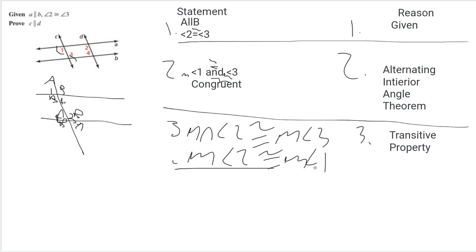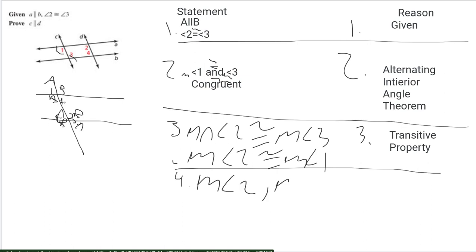Next, I can say that the measure of angle 2 and the measure of angle 1 are corresponding angles.